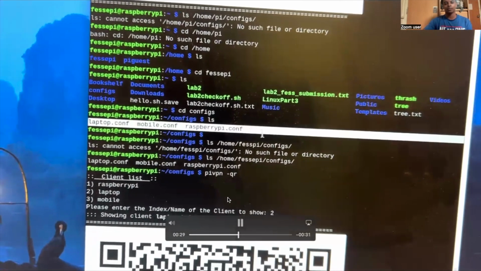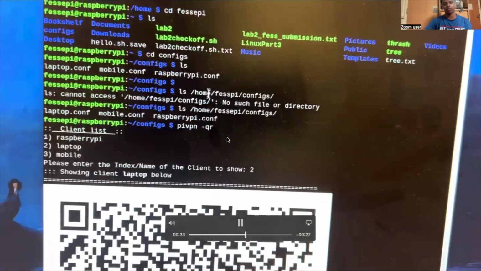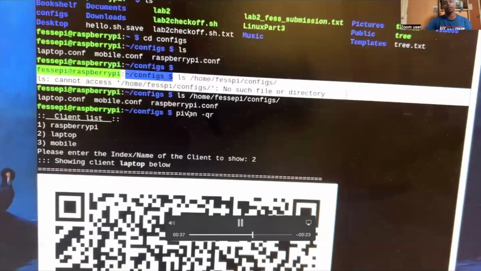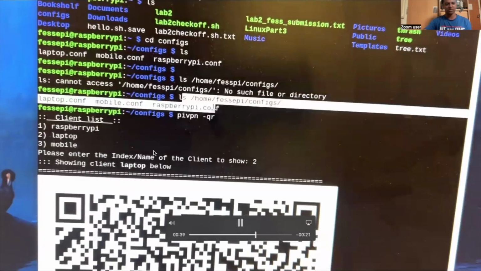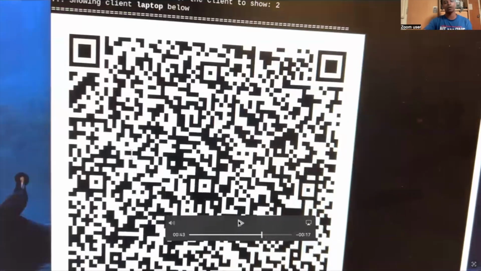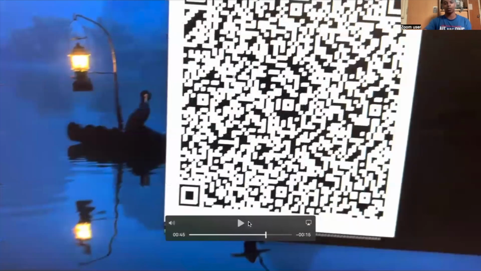After I recognized that, I did ls /home/fastpi/configs and found those three. Then I did the PiVPN QR for the laptop one, and finally was able to generate the right QR code.